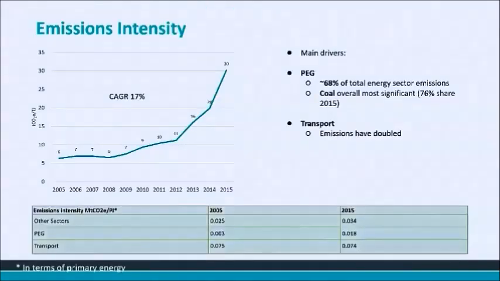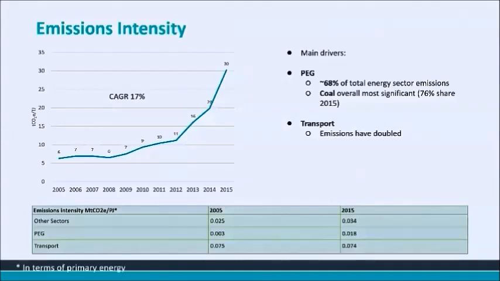If you look over at our emissions intensity of energy for the energy sector, you'll see that we've been growing at a CAGR of about 17% over the 2005 to 15 period. The main drivers for this change are transport and public electricity generation, which is abbreviated here as PEG. In the PEG subsector, coal has always been the most significant fuel, taking up a 76% share in 2015.